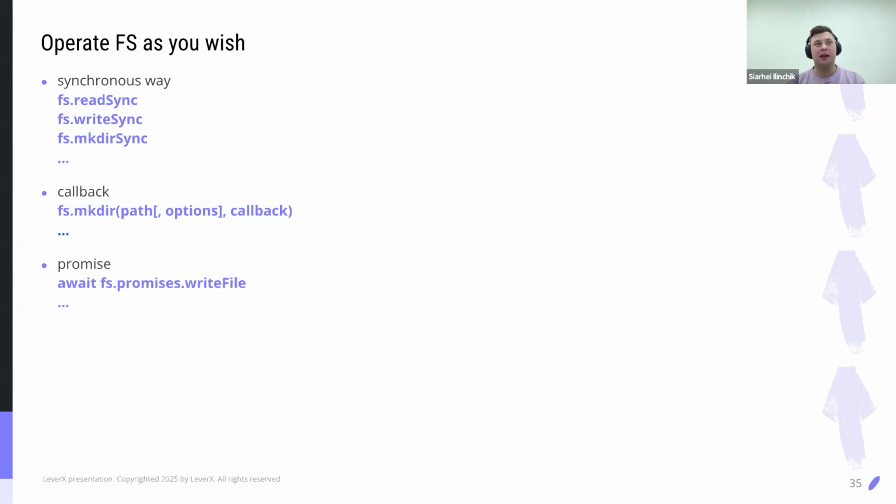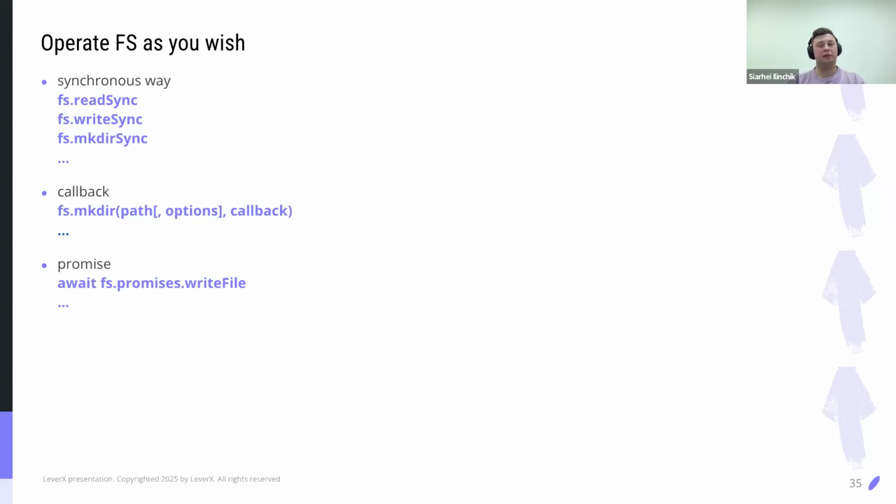That's why there are 2 different asynchronous APIs. The callback one is the outdated one, which always was there, and the promises API is kind of new, which was created with the promises creation.